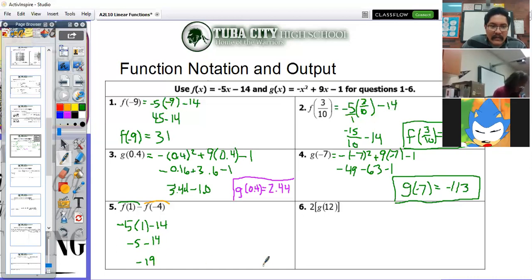There you go. Now I'm going to evaluate the function f at negative 4. So I'm going to plug into my function here, negative 4. So negative 5, but instead of x, negative 4 goes in there, minus 14. Now again, take care of your order of operations. Multiply first, so negative times negative is positive. 5 times 4 is 20, so positive 20 minus 14. Okay, 20 minus 14, that's pretty easy.